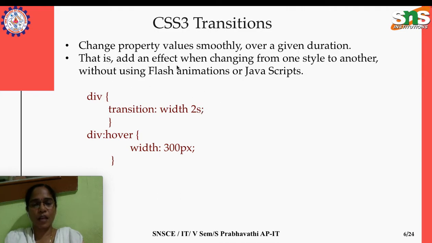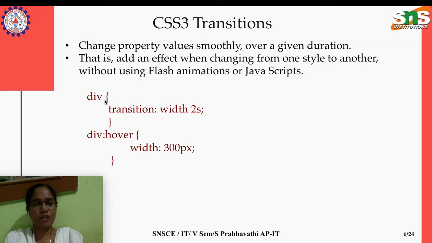So add an effect when changing from one style to another style, without depending on any Photoshop or script or animations or something else. So we could achieve the smooth transformation of style from one style to another style, okay, using the property called transition.